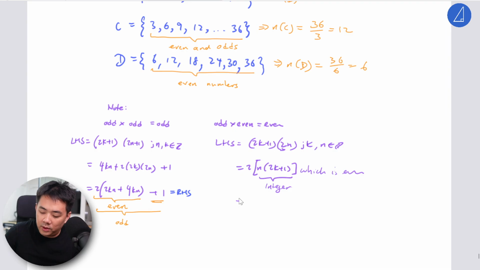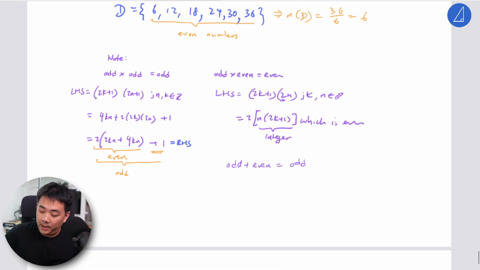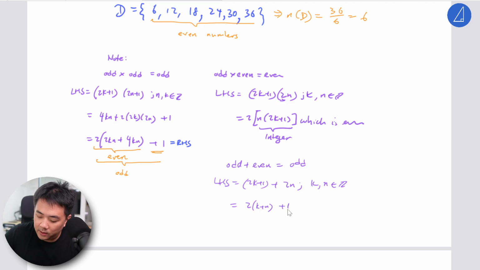This kind of question, I think one of the specimen papers did ask, like odd plus odd. You can also show odd plus odd is even, and odd plus even is odd, the same way. For example, to show odd plus even is odd, the left-hand side has odd as 2k plus 1 and even as 2n, where k and n are integers. It's 2 times k plus n, plus 1, so this is even plus 1, which is odd.